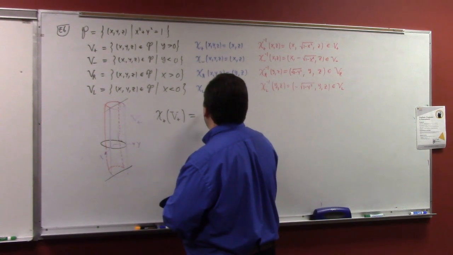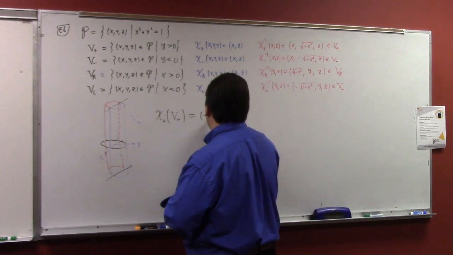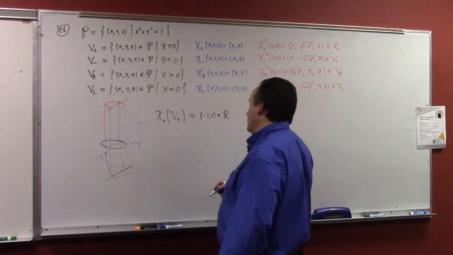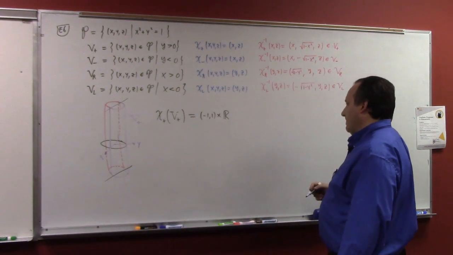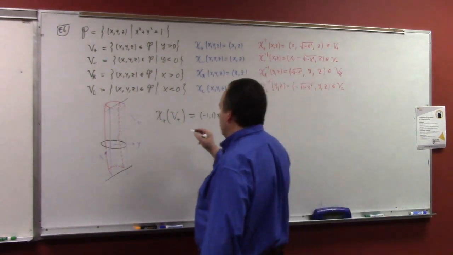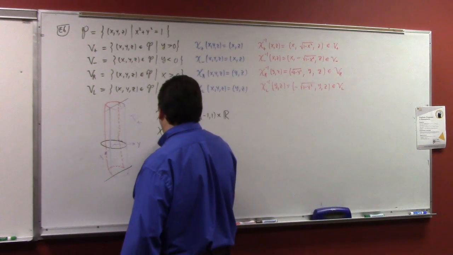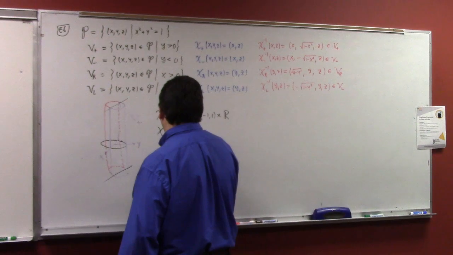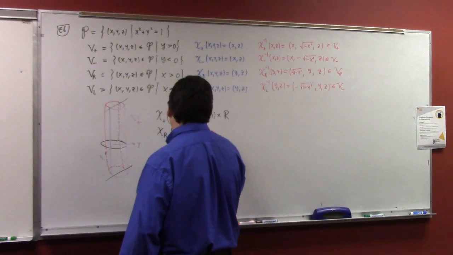So it's -1, 1, Cartesian product, the reals, yeah, right? Whereas, for example, chi r of VR is the reals.